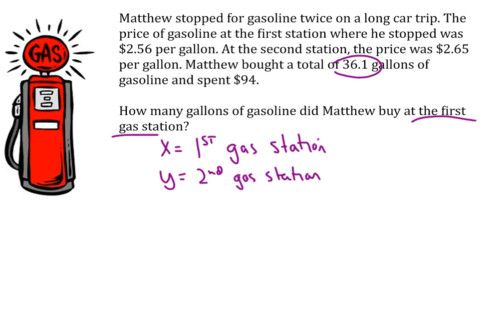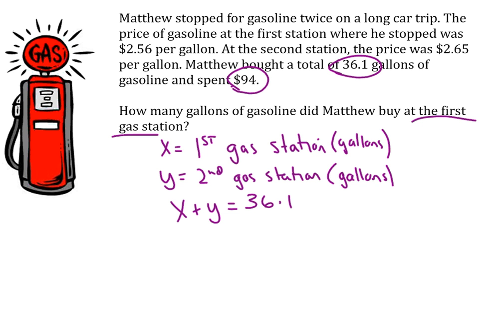One, he bought a total of 36.1 gallons. Two, he spent a total of $94. So x plus y is 36.1. This is the gallons he bought at the first, this is the gallons he bought at the second. In total, that was 36.1.